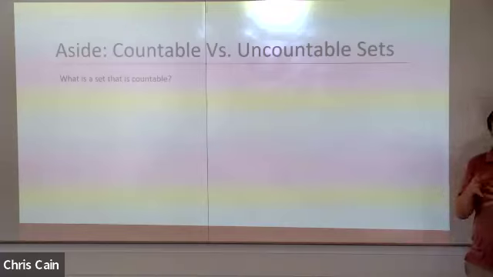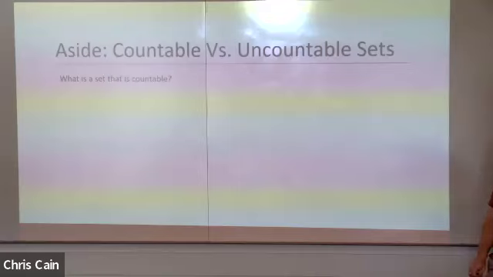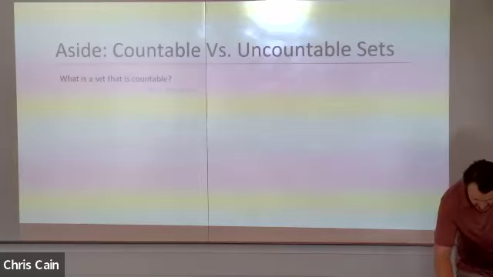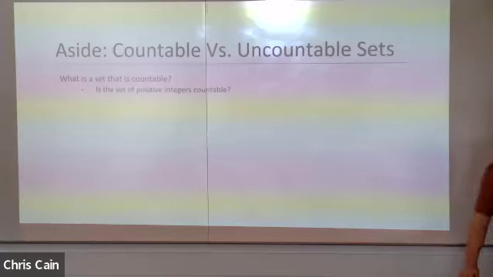The successor of 1 is 2. The successor of 2 is 3. The successor of 10,703 is 10,704. So the set of positive integers is countable. We all agree with that? Even though it's infinite in size, we can iterate it.